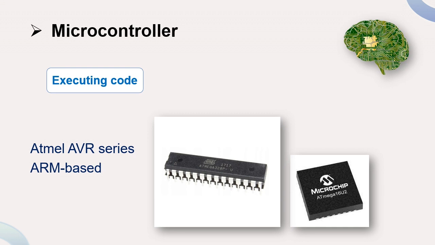The most commonly used microcontroller in Arduino boards is the Atmel AVR series, although other microcontrollers like ARM-based chips are also used in some models. Here we have the ATmega328P main processor and the ATmega16U2 USB serial processor from Arduino Uno.